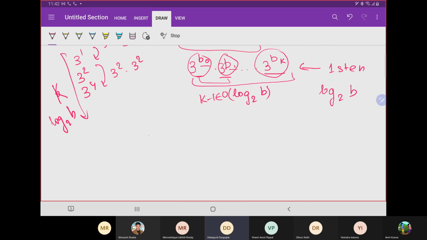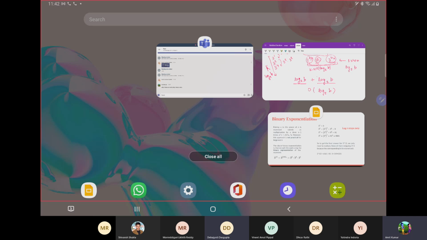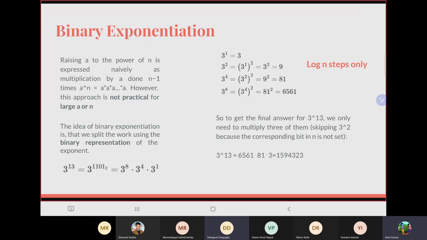It will be log base 2 of b for the calculation part and log base 2 of b for taking these products. So you have O of log base 2 of b. In O notation we exclude the constants, so this is order of log. Hope it is clear now. Yes, it is clear. You can mute yourself.